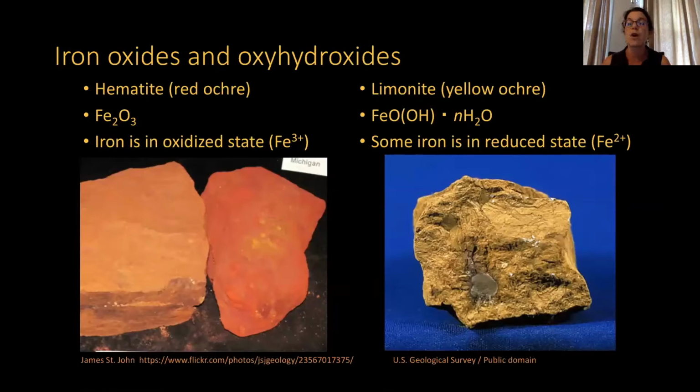This is FeOOH with some water mixed in with it as well. This is what we call an iron oxyhydroxide. Some of the iron is oxidized here, and some of it is in the more reduced state of iron 2+. So again, the same basic components that we're working with here give a variety of colors, all in those nice, rich, earthy tones.